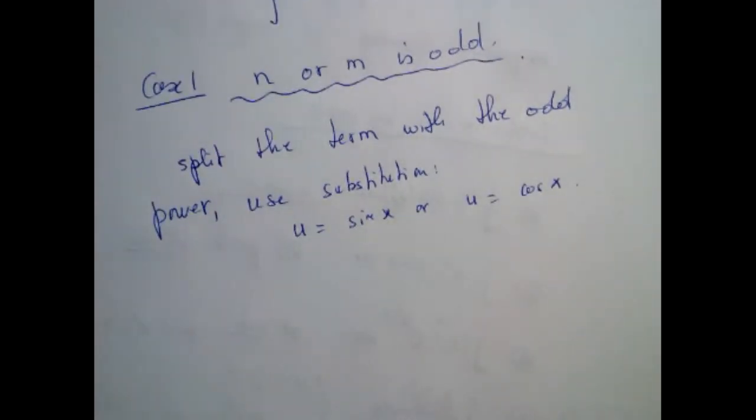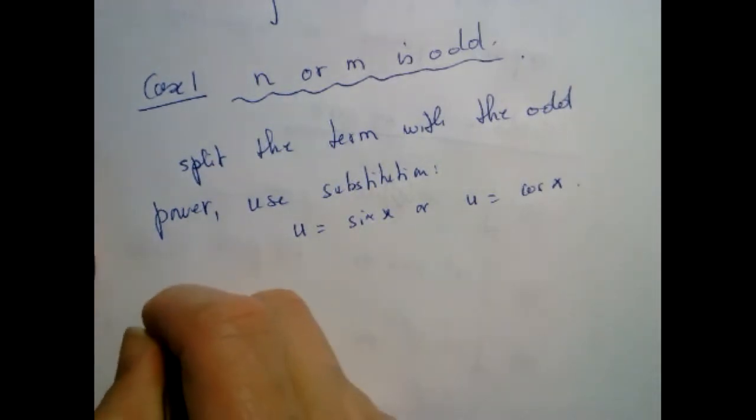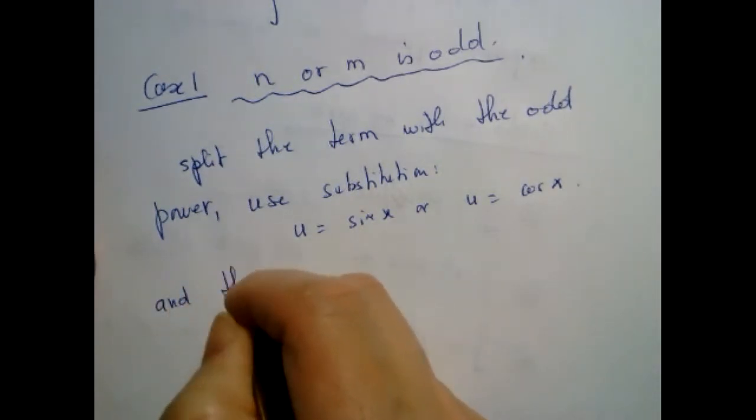So split the term with the odd power and use substitution, u equal sine or u equal cosine, and the following trig identity.